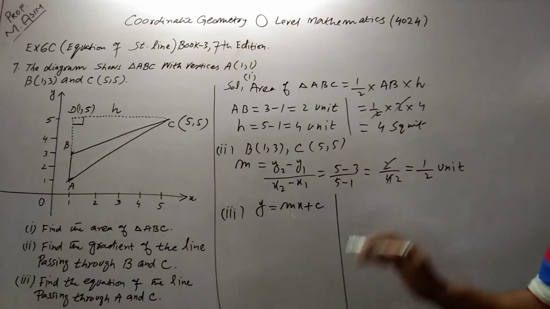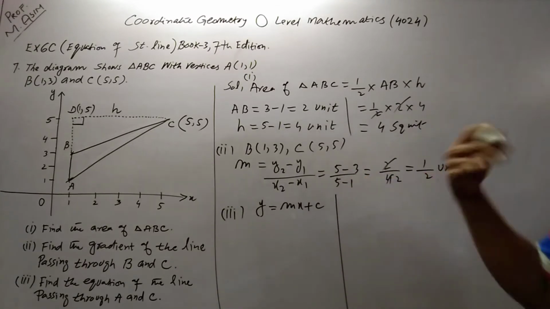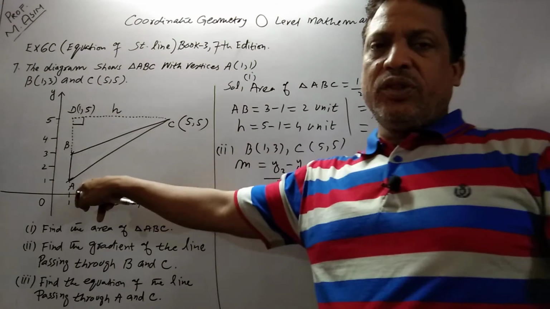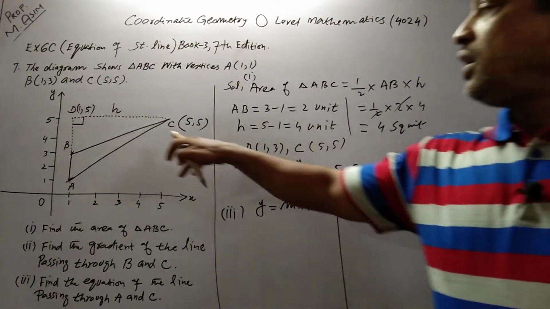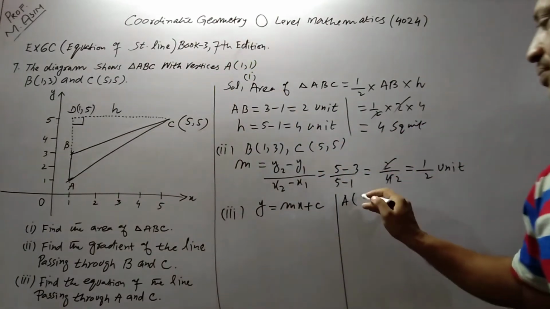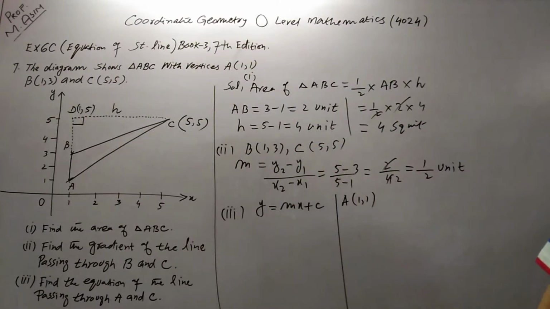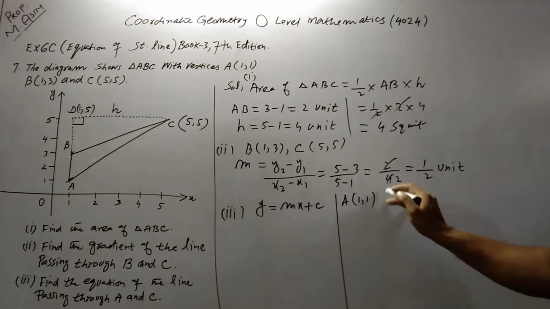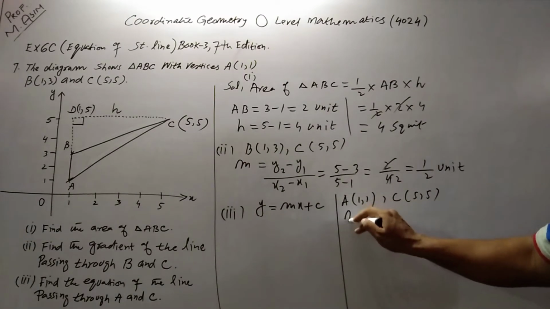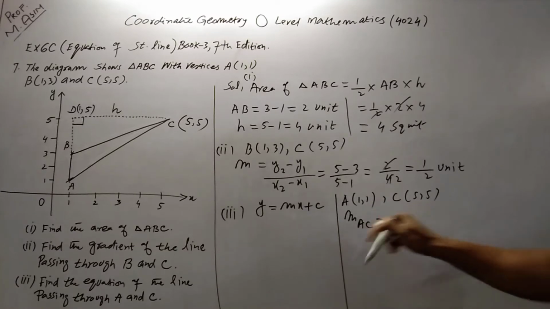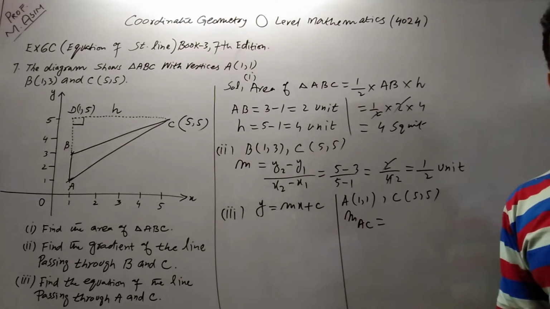First we have to find the gradient. In order to find the gradient, we should have the coordinates of A and C. What are the coordinates of A? A is (1, 1). What are the coordinates of C? C is (5, 5). So the gradient of AC, m subscript AC.